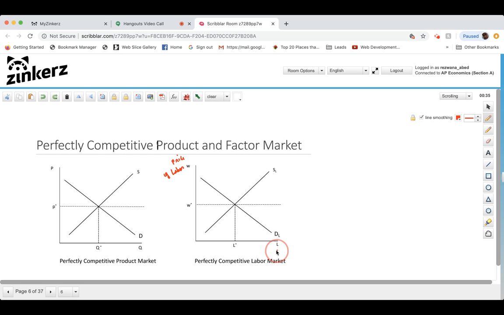This is the quantity of labor, denoted as L. The market supply and market demand of labor also determine the equilibrium wage rate and the equilibrium quantity of workers that are going to be hired.